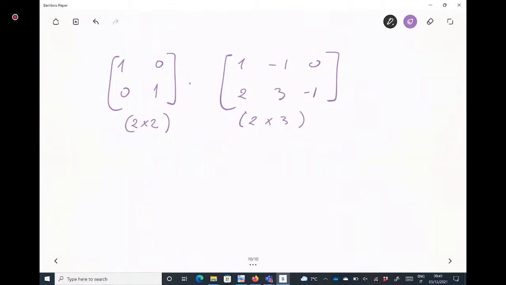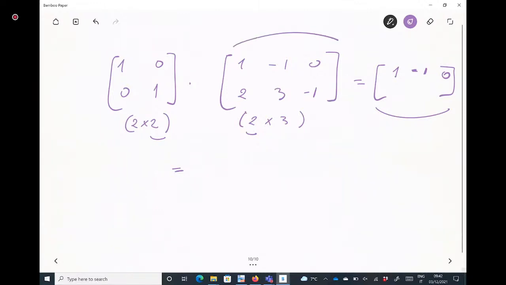Okay, so suppose that you want to multiply this identity matrix by this one. What is the result? Let me perform the product. It will be a 2 by 3 matrix. 1 times 1 plus 0 times 2 is 1. 1 times minus 1 plus 0 times 3 is minus 1. This times this, 0. It becomes equal to the second matrix here, okay?